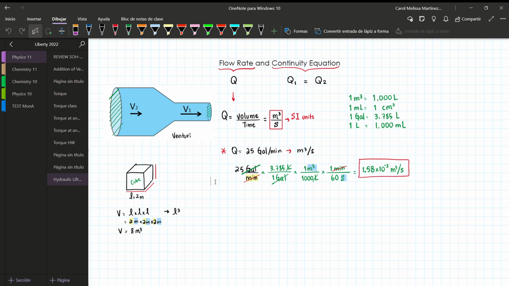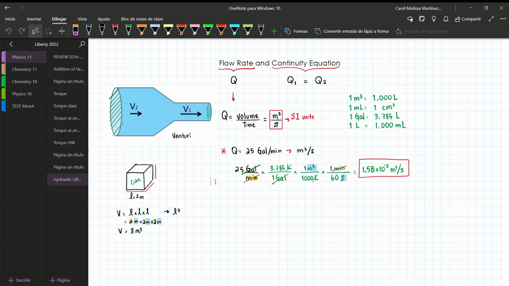So keep those conversions in mind, okay, and make sure that you did this correction of the gallon and liters. Also keep in mind the conversions of inches, and the formula to find the area.